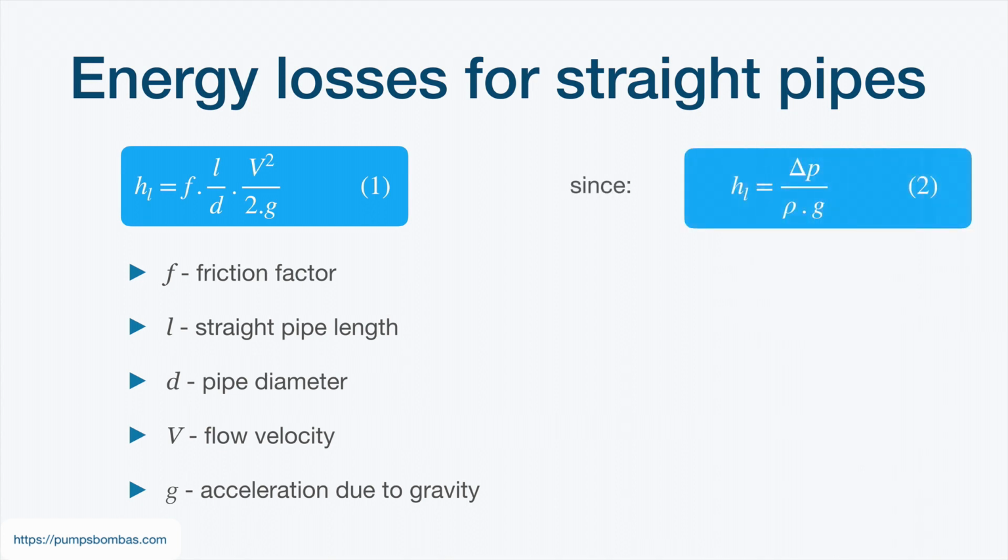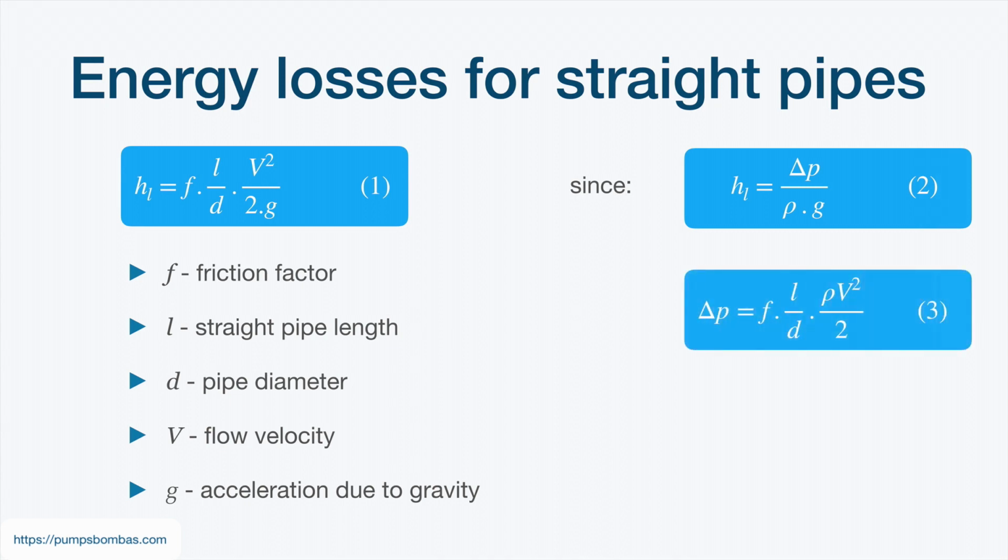Since HL is equal to the differential pressure divided by density multiplied by gravity, we know these equations from previous lessons. We can replace this equation in equation 1 and, rearranging, we obtain the equation to determine directly the pressure losses based on the friction factor for a straight pipe.